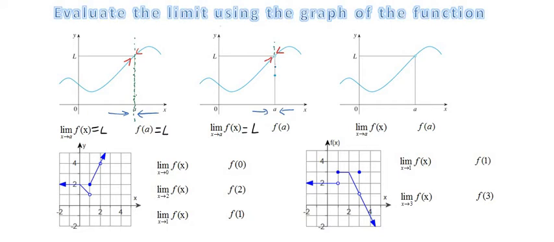We can draw the vertical line at x equals a. Now on this vertical line we can find a solid point that is here. That means this function at x equals a is defined here, not here. Here is an open circle, that means it's undefined.